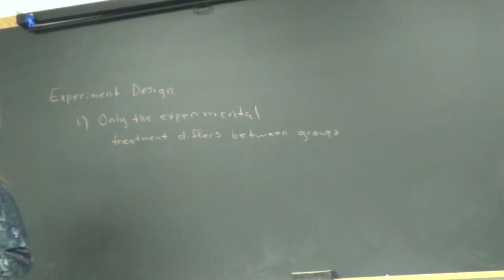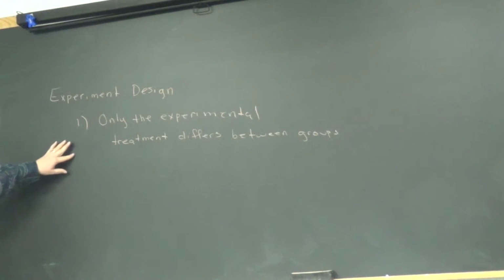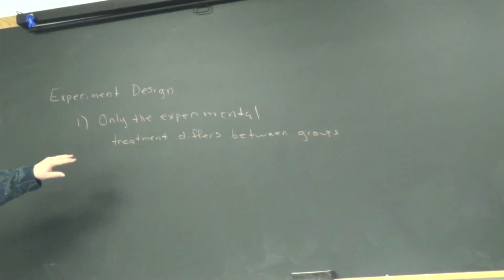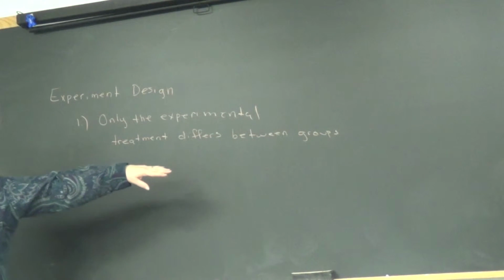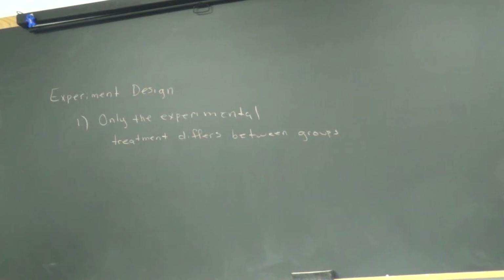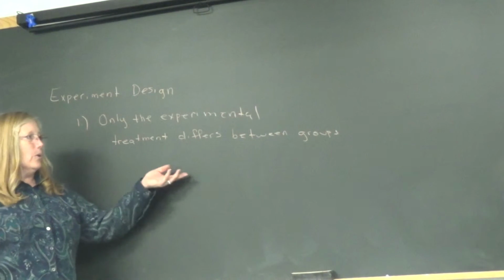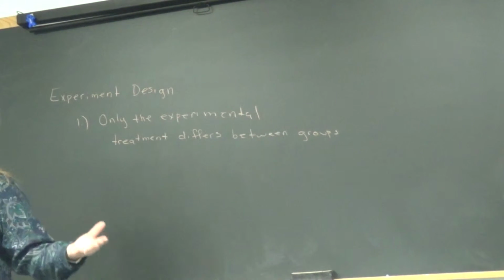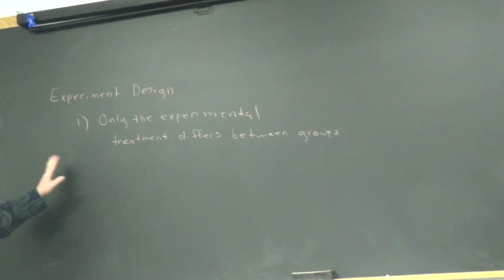All right, an experiment's going to have at least 2 groups. One will have the variables changed and one won't. So only the experimental treatment differs between the groups. If there's more than that, then we can't make any conclusions. Sort of like the chocolate. If we had all these ladies who had normally eaten chocolate and those who normally didn't eat chocolate, they were lurking variables.